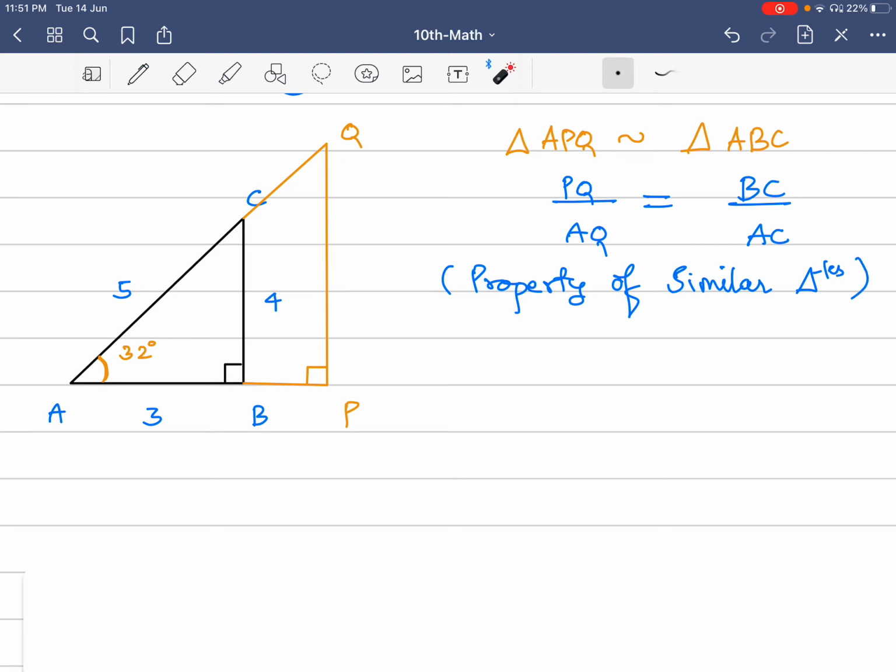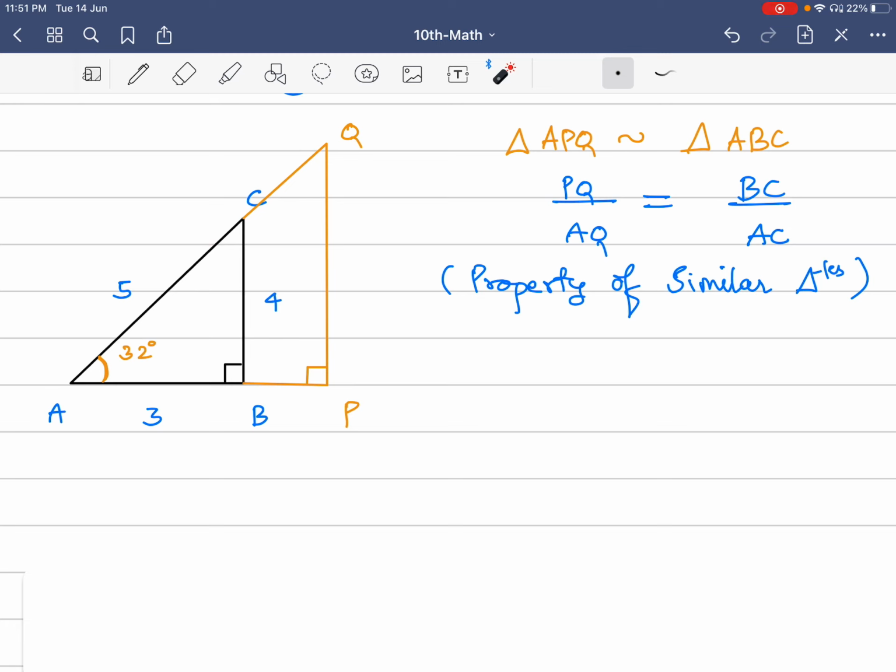So let's quickly see: BC by AC is equal to PQ by AQ. This ratio is going to be equal because these two triangles are similar. Now focus on this big triangle APQ.